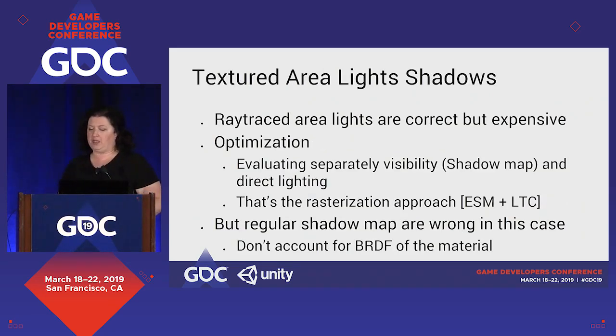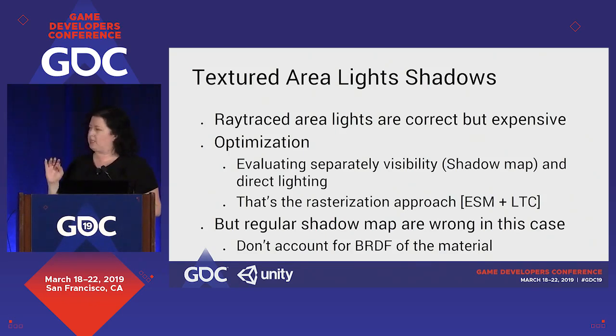So ray trace area lights are actually correct, it's the glorious ground truth, but quite expensive because you need to launch a lot of rays to cover the area, especially for those giant area lights. In the video, you probably saw this enormous textured screen, which is one enormous area light. And so as an optimization, we can evaluate visibility independently, which is essentially a shadow map, separately from direct lighting.